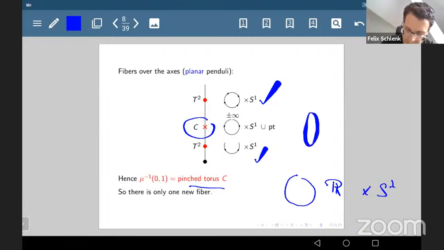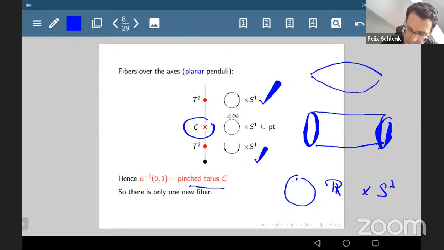So you have like a cylinder. But at the end, this cylinder, well, it comes back and it actually gets compactified. This cylinder more looks like this. But this point is the same as this point, and it's exactly this configuration where you stand straight up, the unstable equilibrium.